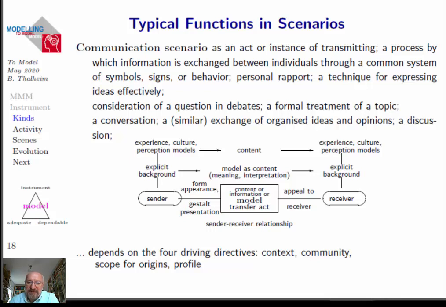That means in this case we should know how in communication scenarios a model can be used. That depends of course on the culture, context, community, on the scope of origins and the profile.